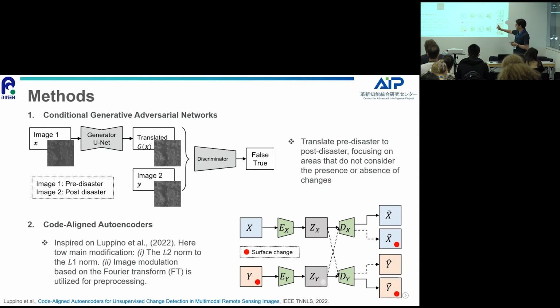The trick here is that we swap the decoders, and based on the loss function proposed in this paper, this switching forces the architecture to reproduce areas that have no changes. So once we apply this, we can detect the areas that have changes, which in our case are the flooded areas. Okay, so this is the methodology.